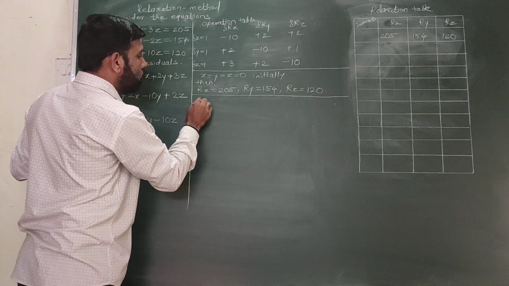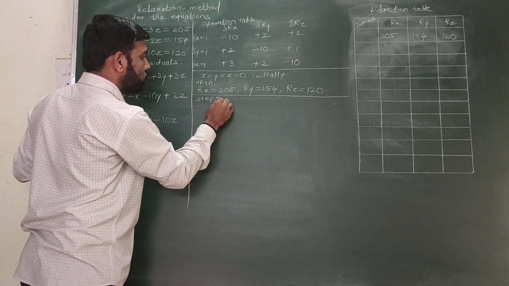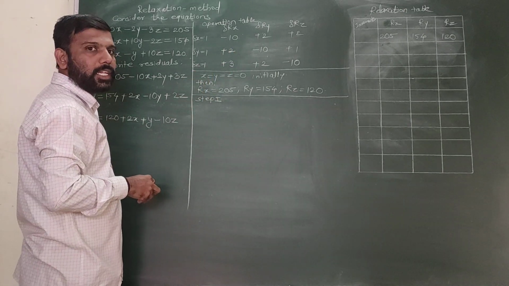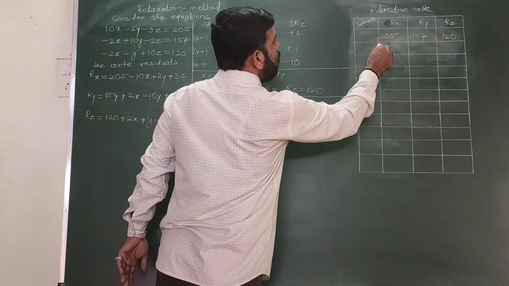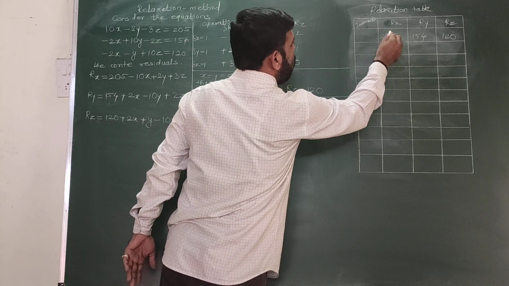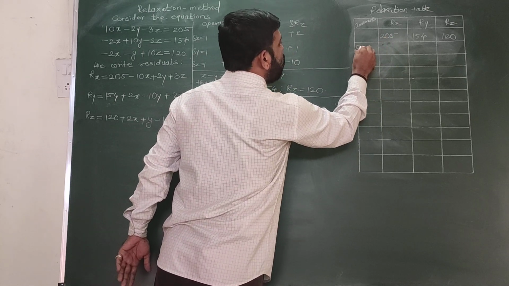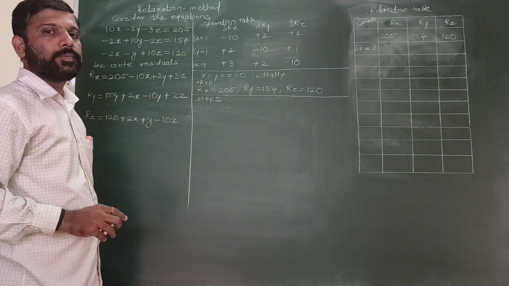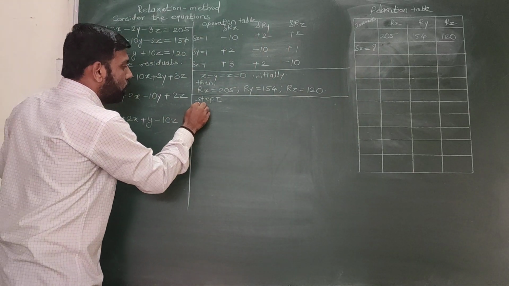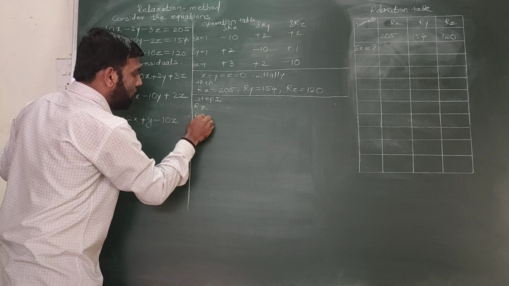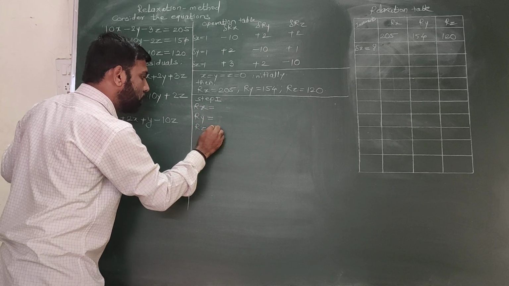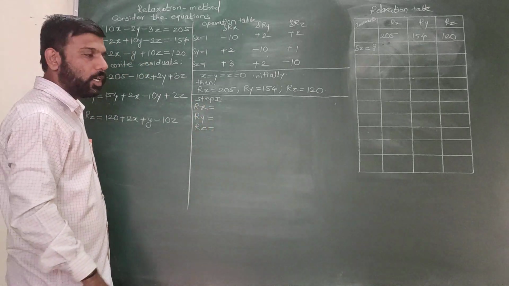In step 1, see in the first row the numerically largest value. The numerically largest value is 205. So we have to put an increment for the x variable. Write down the residuals r of x, r of y, r of z. Each time, for each step, we will write this down first.